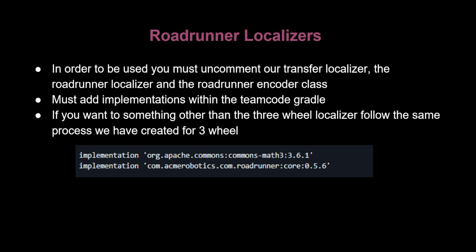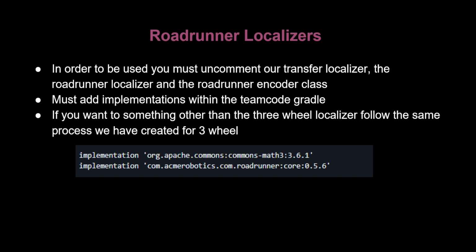So we have our Roadrunner encoder and our Roadrunner localizer already built in, and we do have our transfer class. This is only available for 3-wheel odometry, but this process is the same for drive encoders and for 2-wheel odometry.